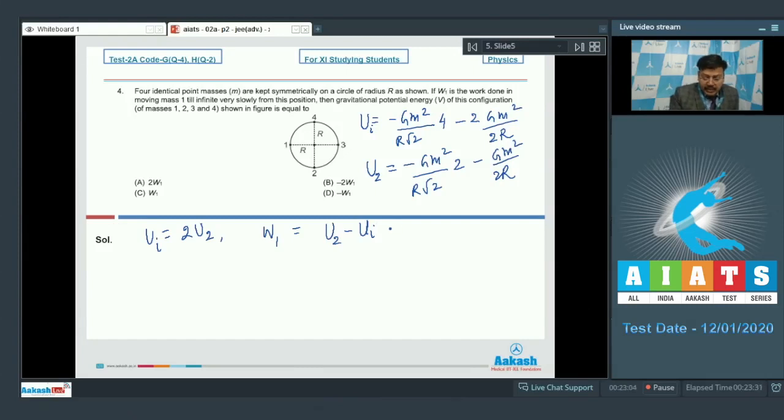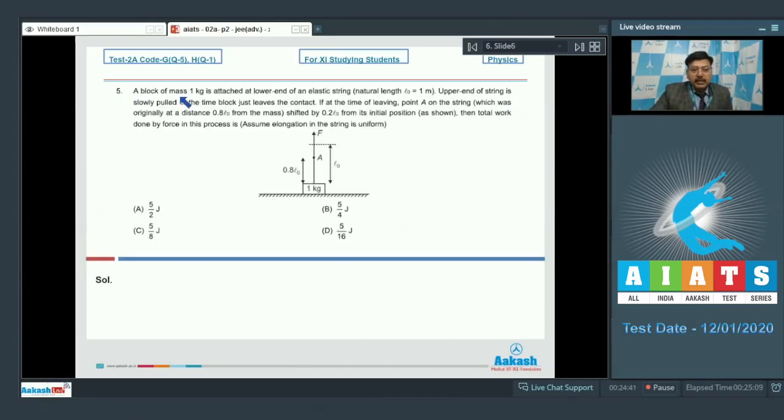So U2 minus Ui is equal to U2 minus 2U2, or simply minus U2. So we can write U2 is simply minus W1, and this means Ui, which is 2U2, is minus 2W1, which means option D is correct for this question. Let's go to the next question now.